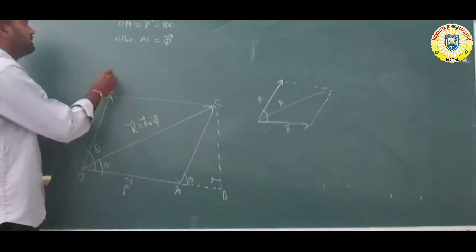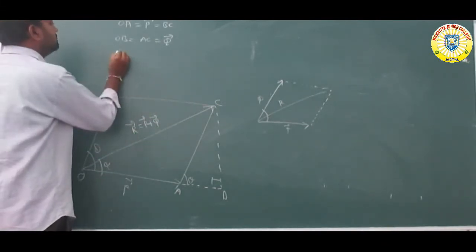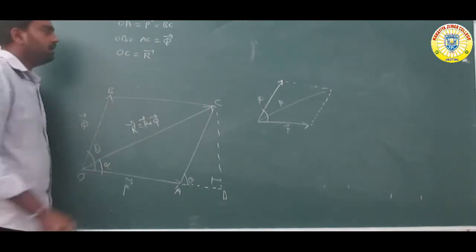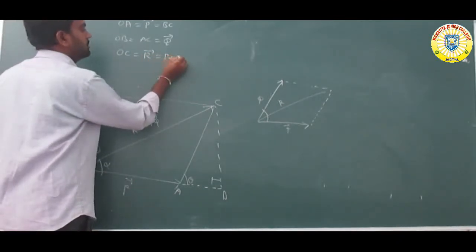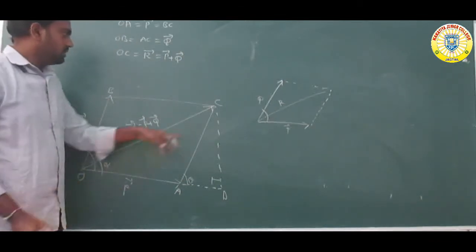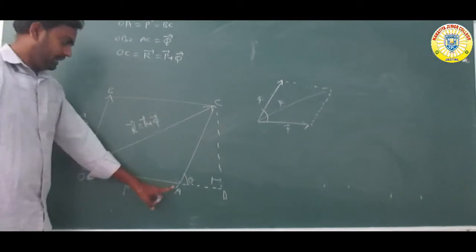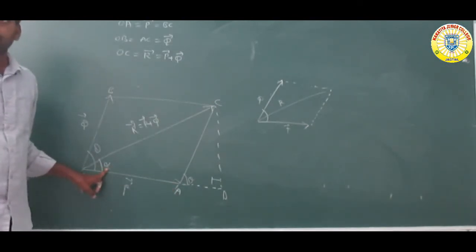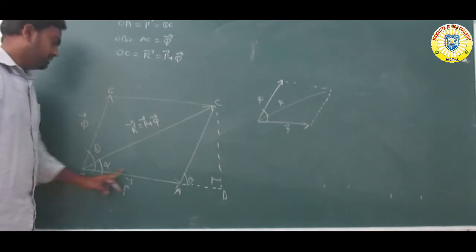So next, the resultant gives you OC, that is the R vector. R is equal to P plus Q. And here the angle COA is taken, that is called alpha.